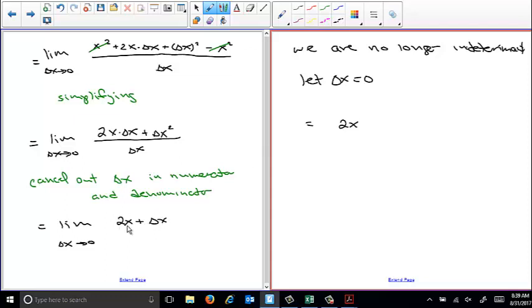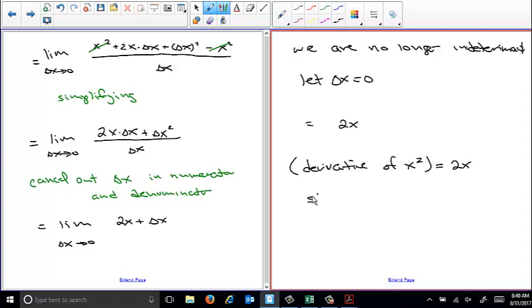This one doesn't have delta x at all. So this is kind of like the limit of a constant. Limit of 3 as x goes to anything is 3. So this term remains, this term goes to 0. So what we can say is the derivative of x squared is 2x.